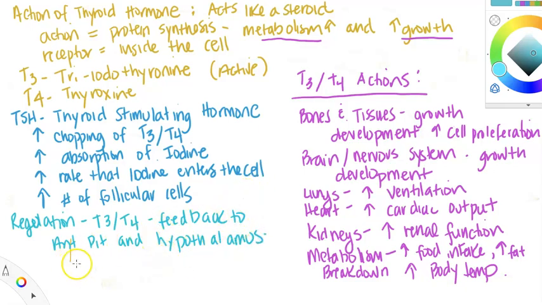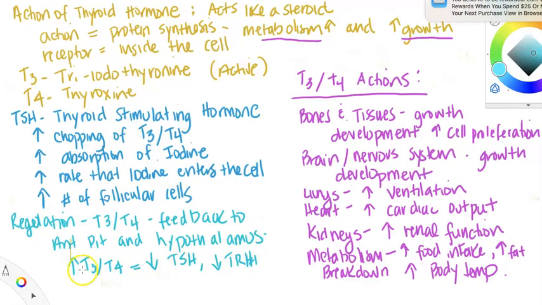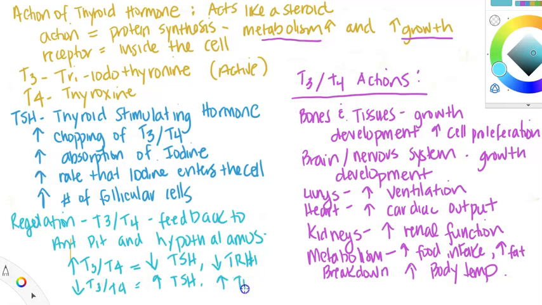So increased T3 and T4 will feed back to decrease TSH and decrease TRH. And low amounts of T3, T4 will stimulate an increase in TSH and an increase in TRH. Probably should reverse those, but anyway. So make sure you understand how the hormone is regulated.